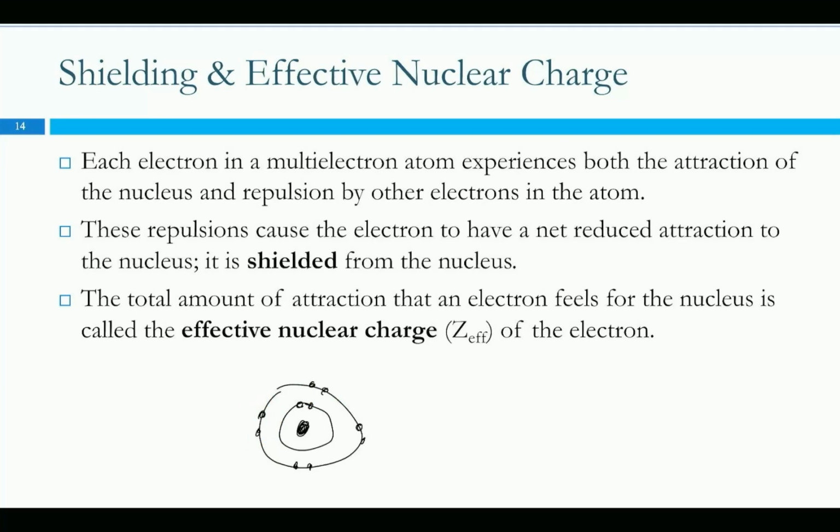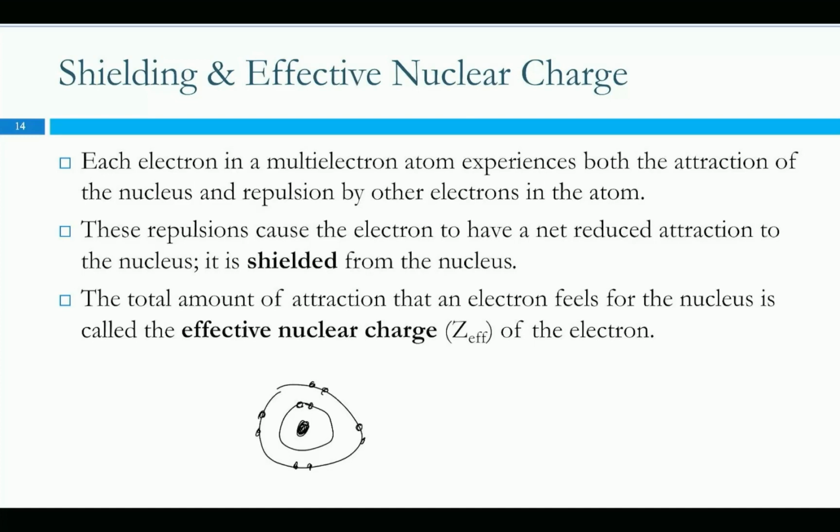You can think of it as if the nucleus was a campfire, and the electrons are people standing around the campfire. The electrons in the middle block some of that campfire heat from the people in the shell outside of them. In addition to just being farther away, they also feel less.